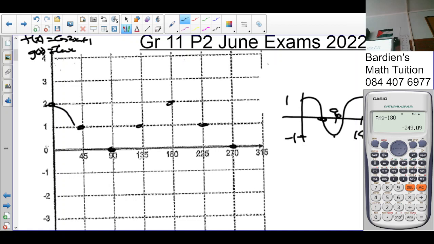That's the cos graph. Whoops. Very important, people, that you do not draw past 270. Why? Because they gave us the given interval from 0 to 270. Okay, if you go past, we'll take one mark off. So that's 180 and 2.